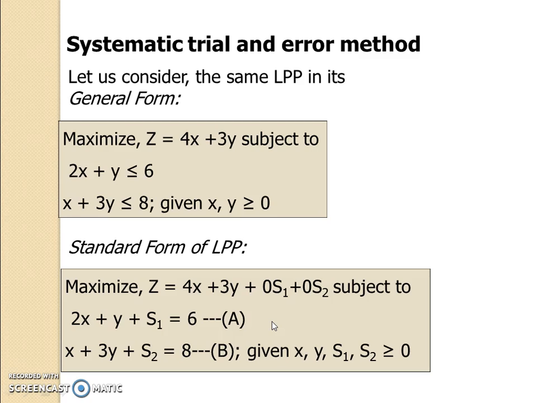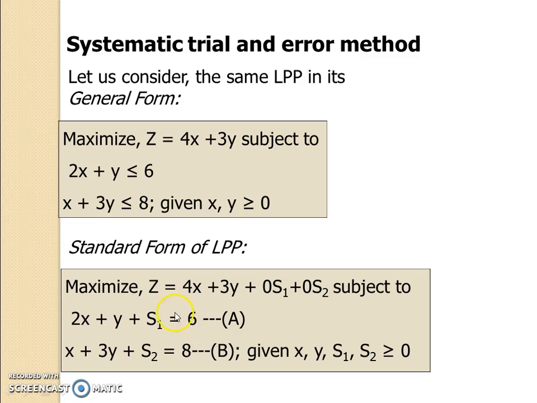Now, in the systematic trial and error method, we have to begin with an initial feasible program, and then we will go on improving the program until the optimal solution is reached. So the basic variables from these two equations are identified.